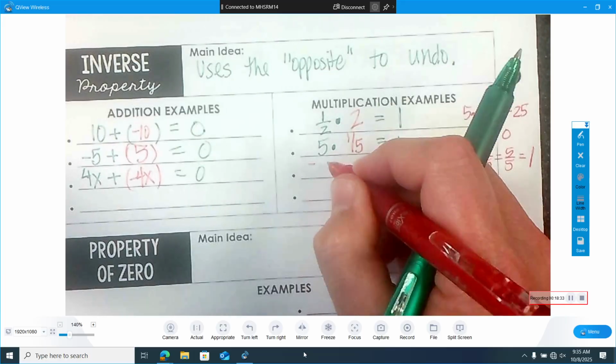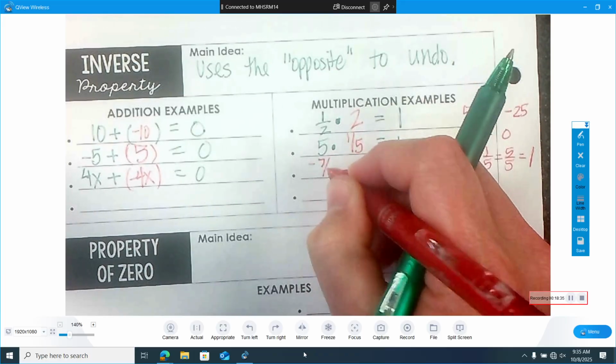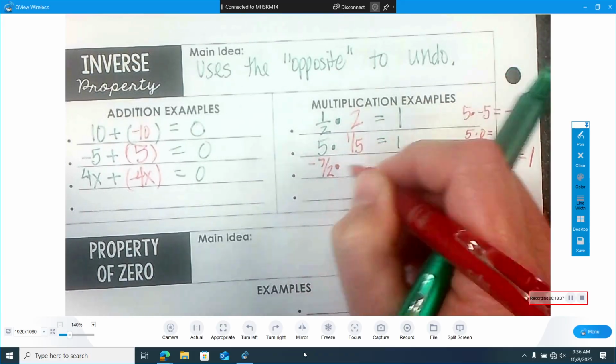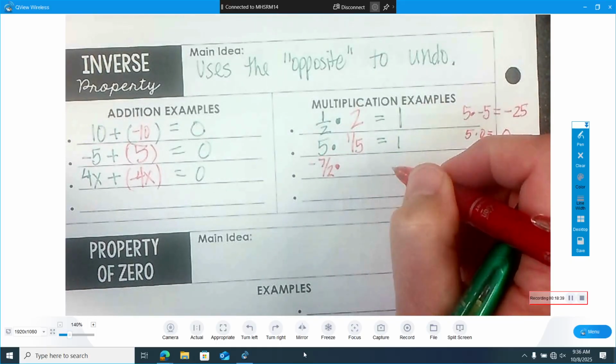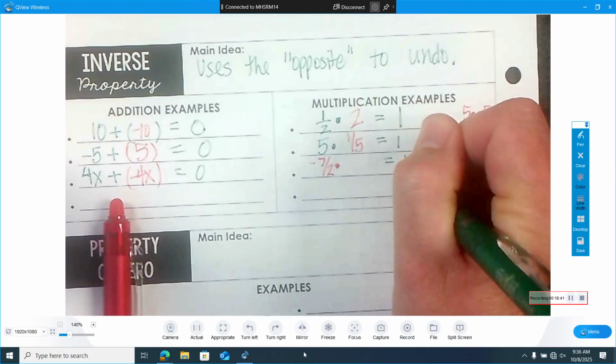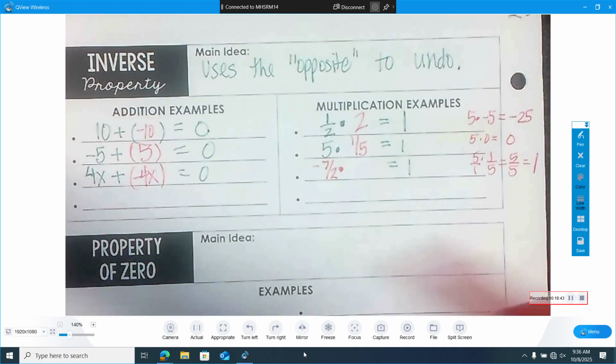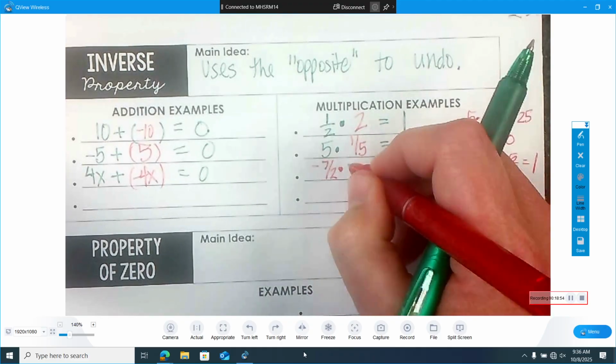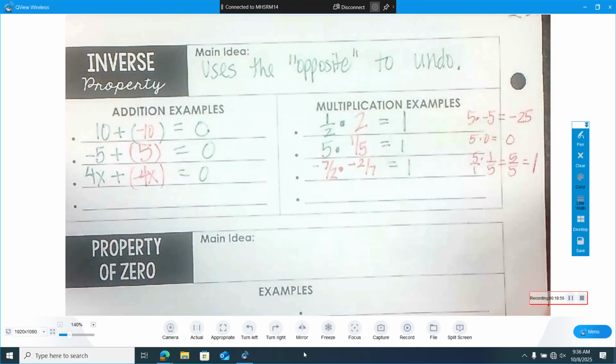All right, let's see. So negative 7/2 times something is going to equal 1. Negative 7/2 times... yes, very good. Negative 2/7.